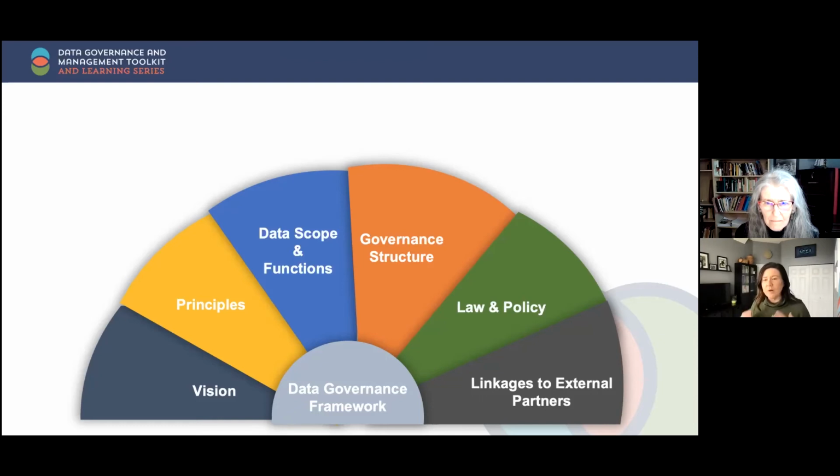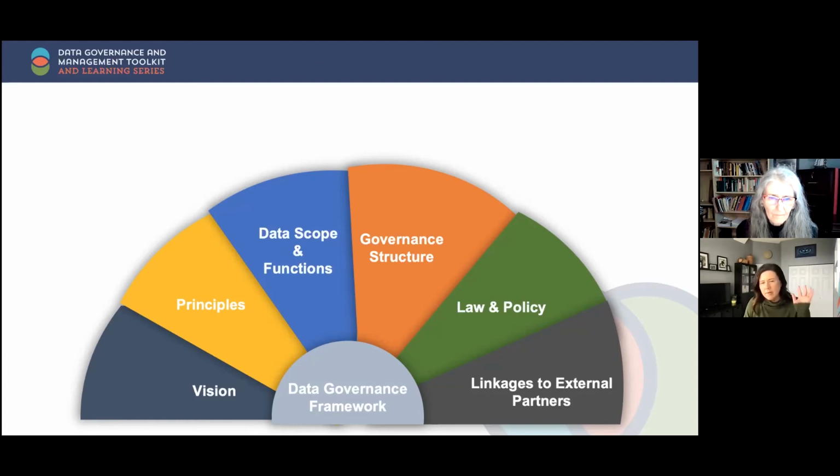What are the factors to keep in mind as you're shaping a data governance structure, and what does it need to be capable of doing in order to fulfill your principles? Principles are often embedded within your law and policies. So we'll spend a bit of time talking through examples, again using that case study.